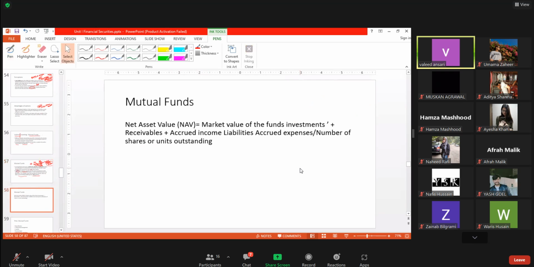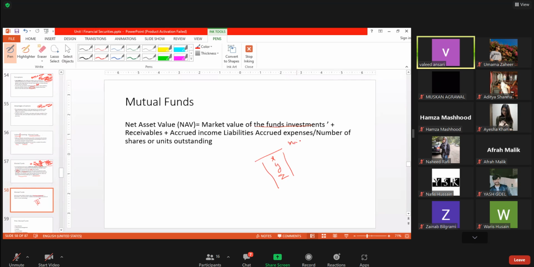The price of a mutual fund, the value which we arrive at, is the market value of the fund's investment. For example, let us say X company, Y company, just assume 3 companies are there in the portfolio.